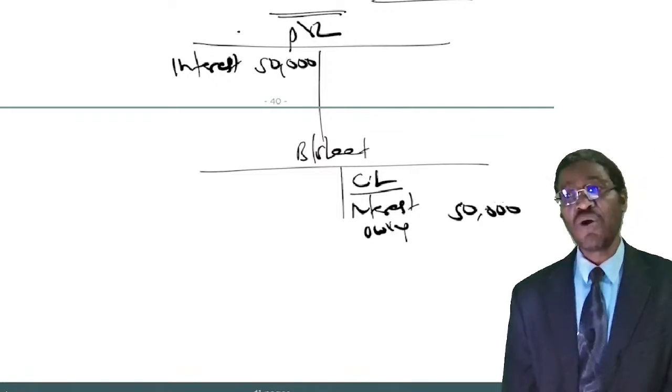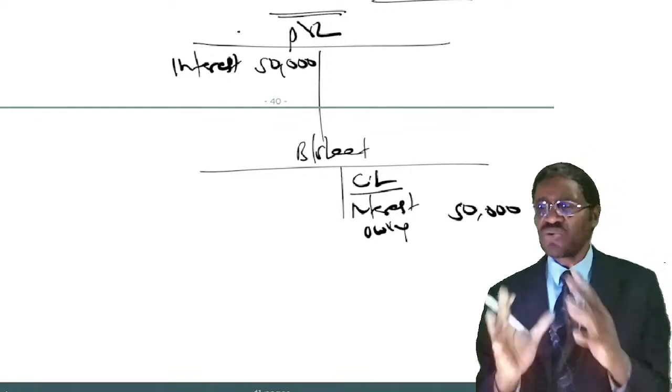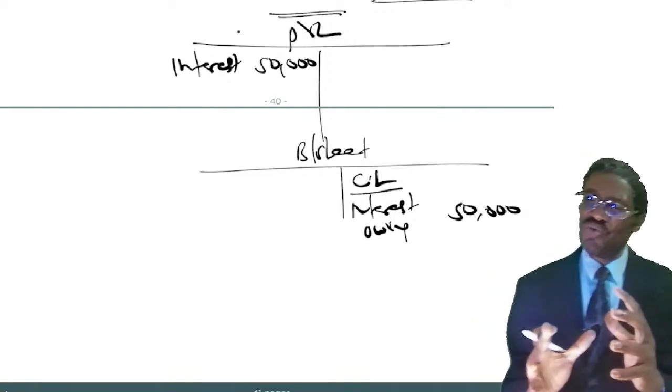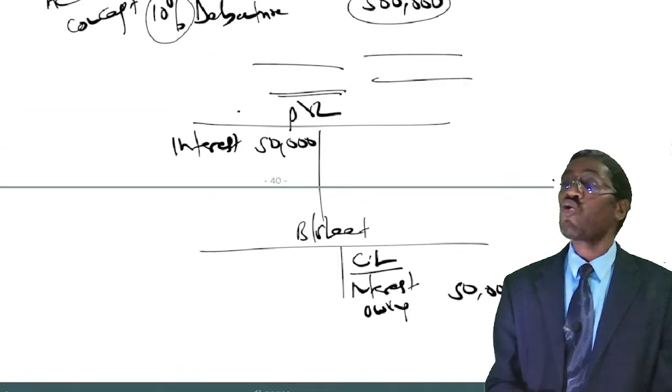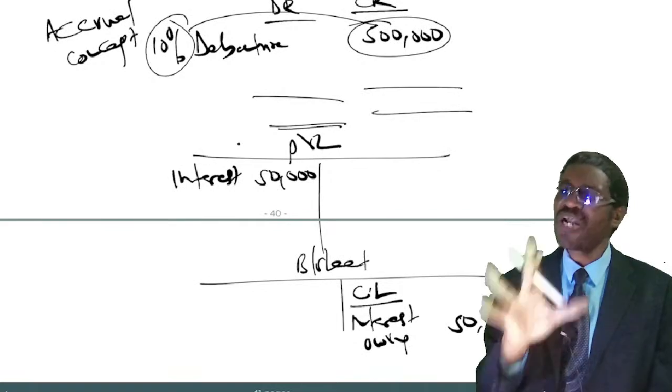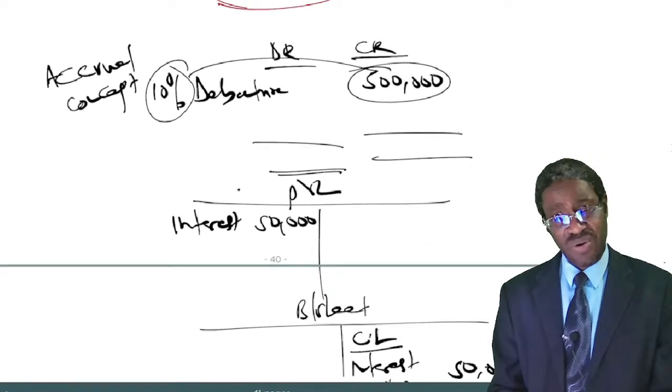Interest owing of 50,000. That's what we are saying, that you recognized this expense on accrual basis. Now listen to my point.